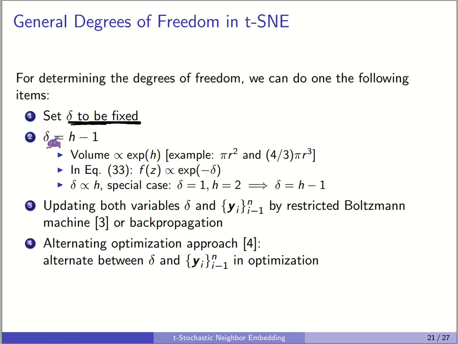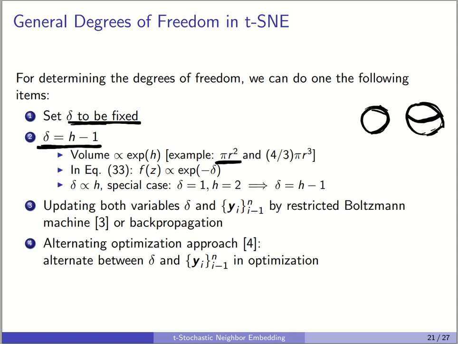We can have delta to be h minus 1. Recall that h was the dimensionality of the embedding space. Why? This is the reason. So consider a circle, a sphere. What is the surface of a circle? It's pi r squared.